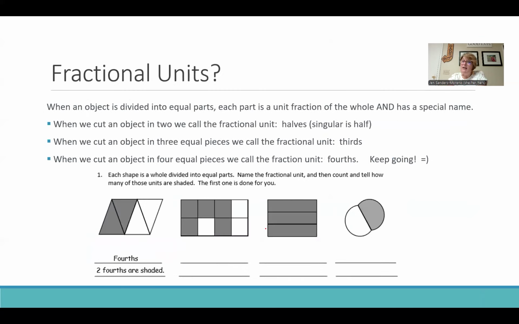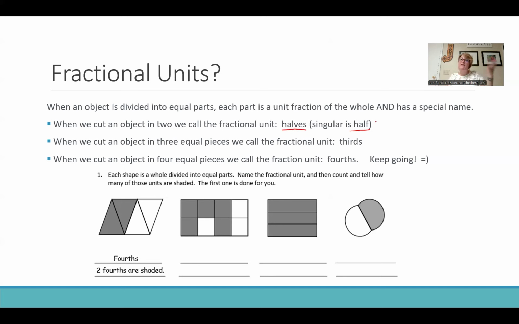Okay. So it caught me off guard at first when I was looking through the Common Core textbook. And I mean, I have my degrees in math, my bachelor's and master's, and I'm like, fractional unit, what the heck? Okay, so when an object is divided into equal parts, each part is a unit fraction of the whole and has a special name. So what we're saying is that when you cut something in two, we call it halves, or the singular is half.